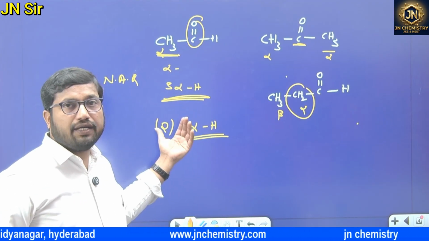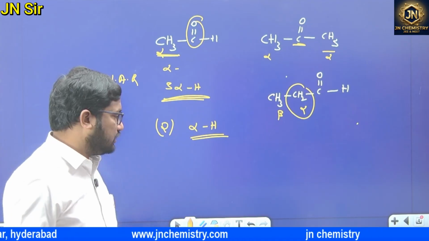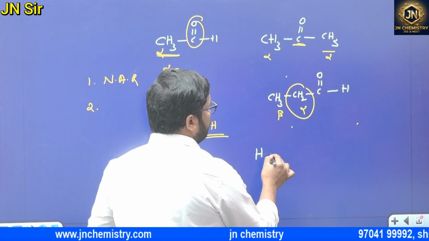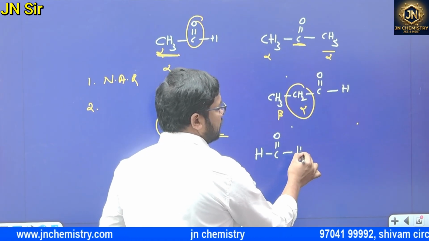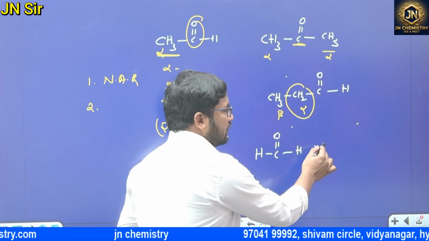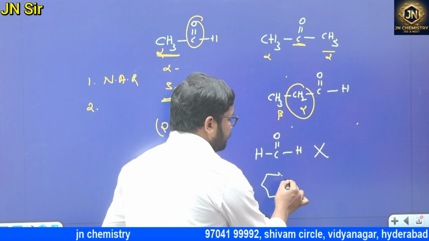If there is no alpha hydrogen, there is no aldol condensation. Okay, for example, try to understand HC double bond OH. This is formaldehyde, right? It doesn't have any alpha carbon, so no reaction. Benzaldehyde.